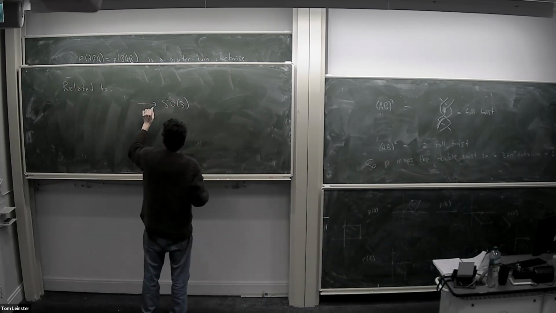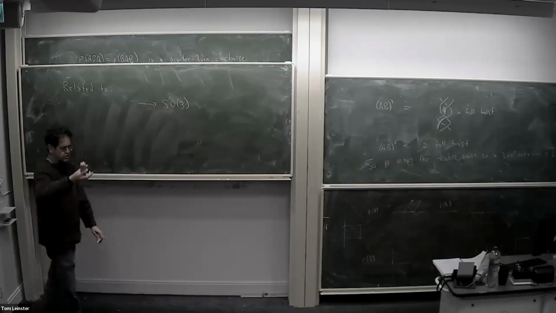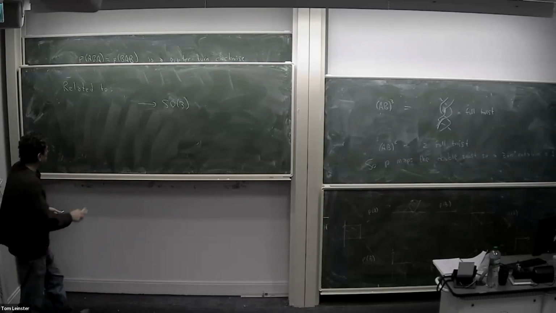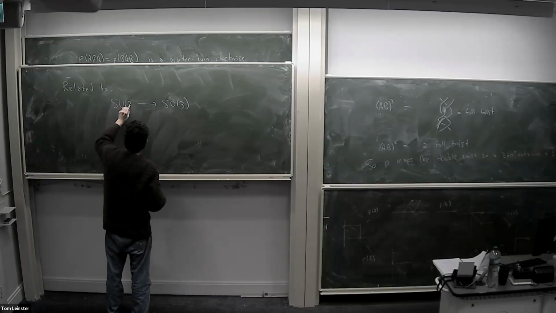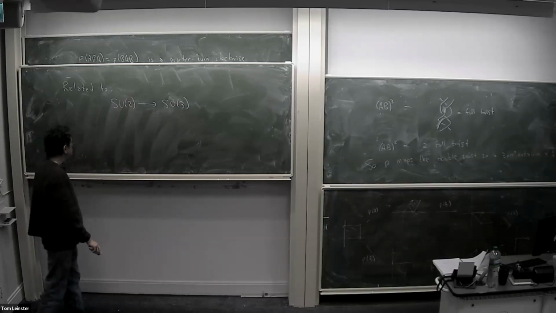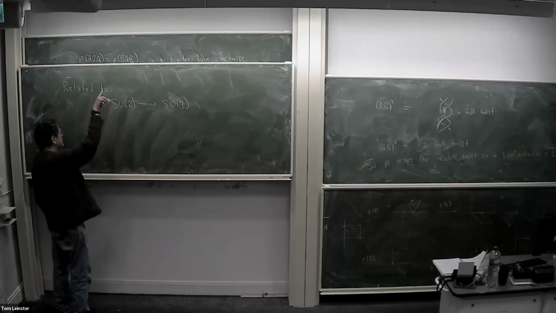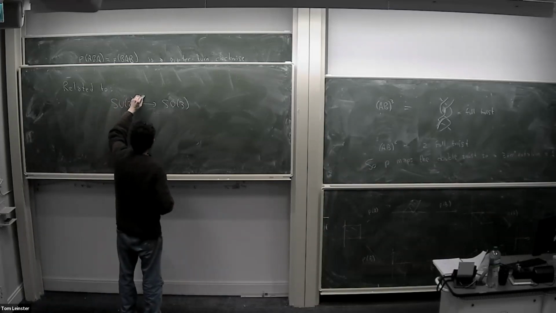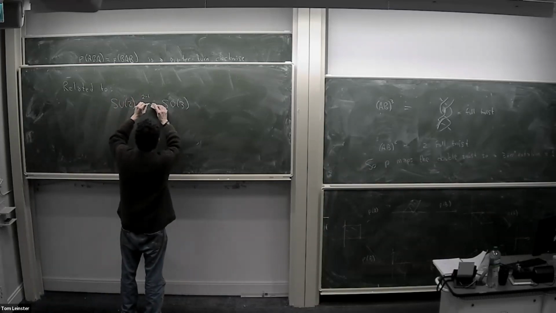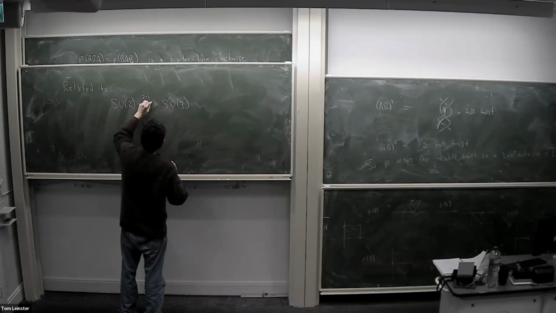And you might think that that's what you'd use to describe turning something around. But in quantum mechanics, it turns out you need to use a different group called SU2, the group of 2x2 unitary matrices that are special, that have determinant 1. And there's a 2-to-1 and onto homomorphism from one to the other.